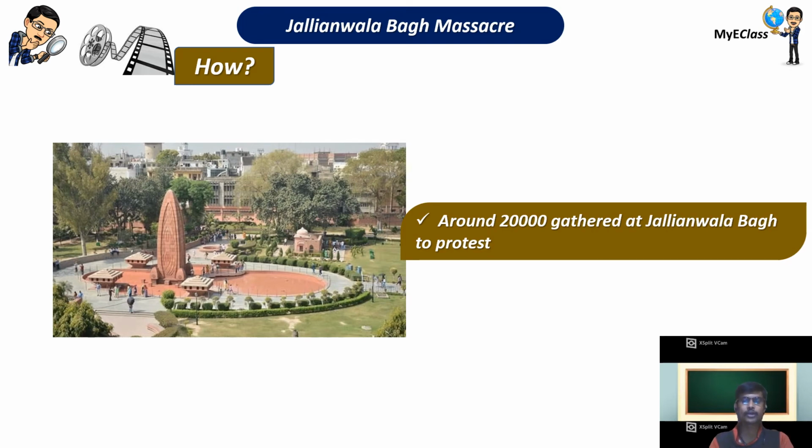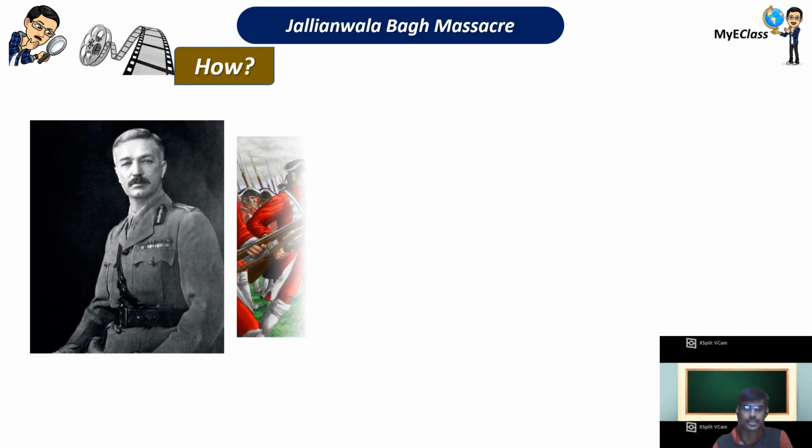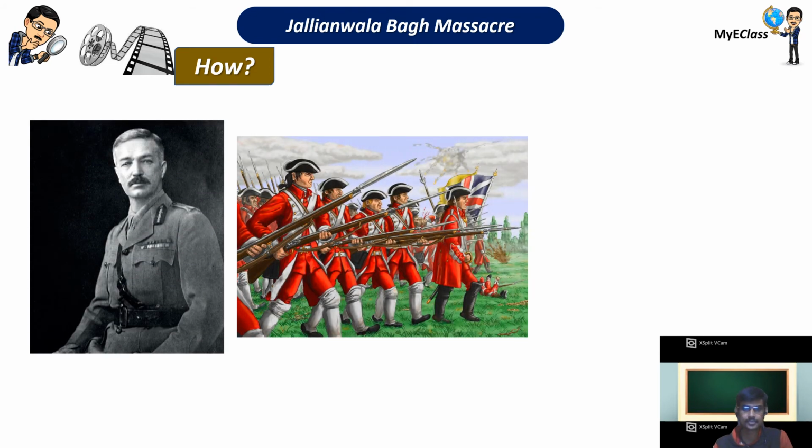But a majority of them came there to witness what was going on, and had no intention to participate directly in the protests. Out of curiosity, a majority of the people gathered at Jallianwala Bagh Park. Now, can you identify this personality which you are able to see on the screen?